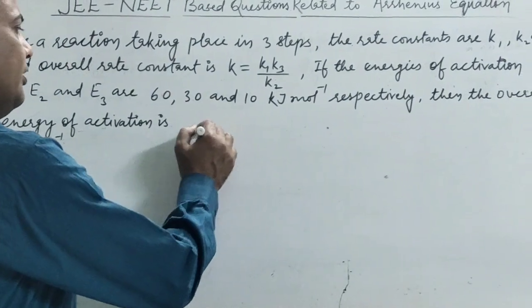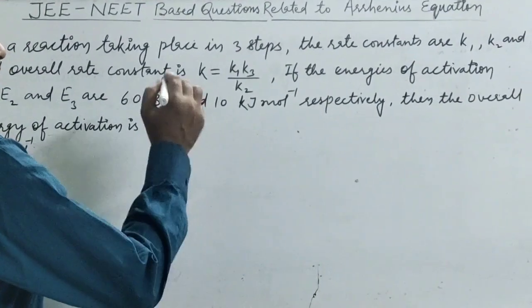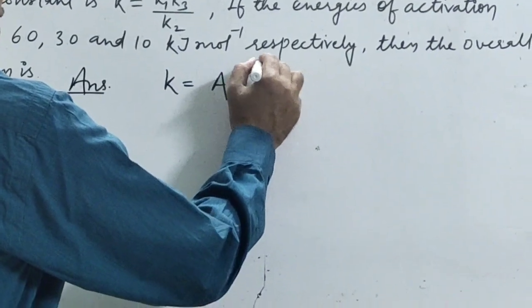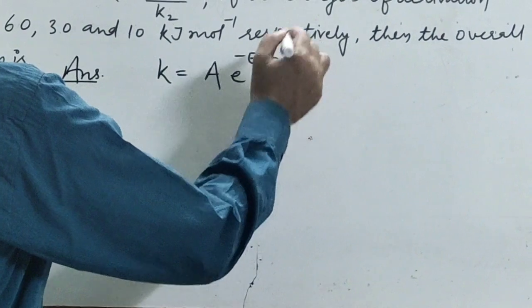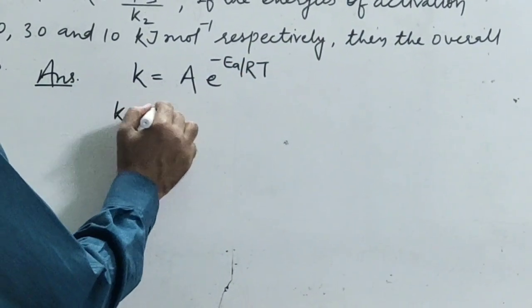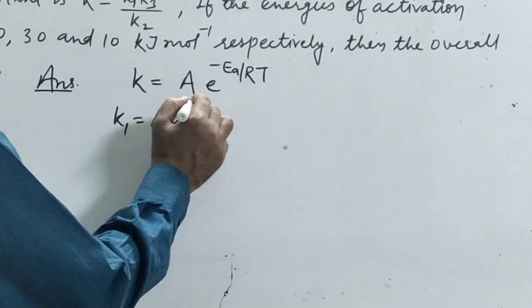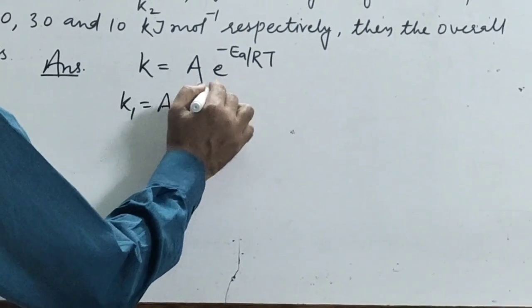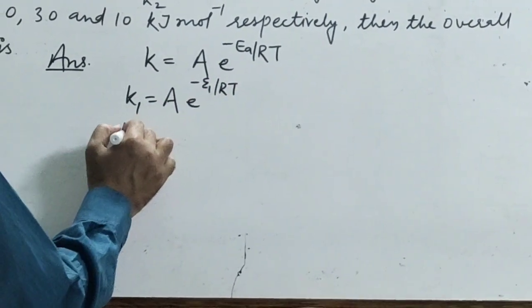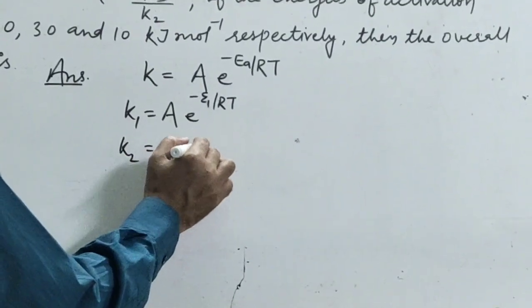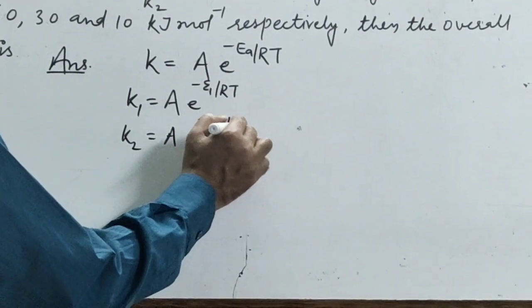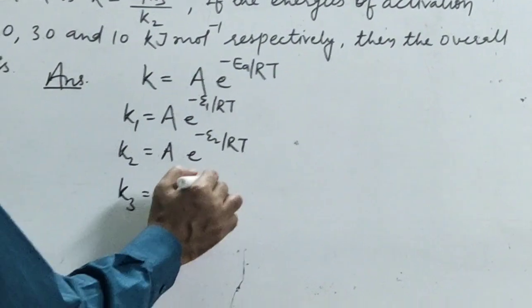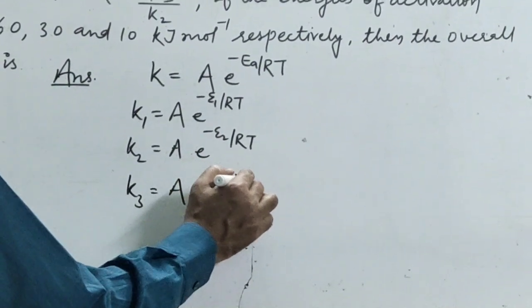Solving this question using the Arrhenius equation, K is equal to A into e raised to power minus Ea upon RT. For all these 3 steps, K1 is equal to A1 into e raised to power minus E1 upon RT, K2 is equal to A2 into e raised to power minus E2 upon RT, and K3 is equal to A3 into e raised to power minus E3 upon RT.